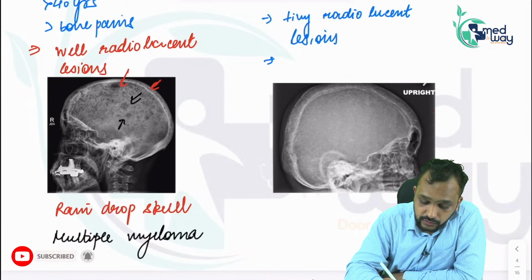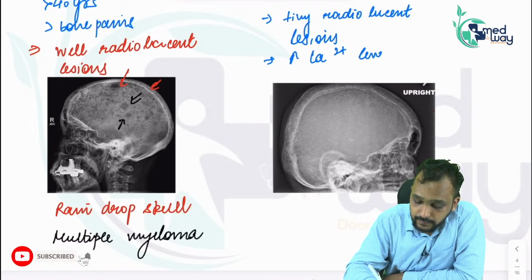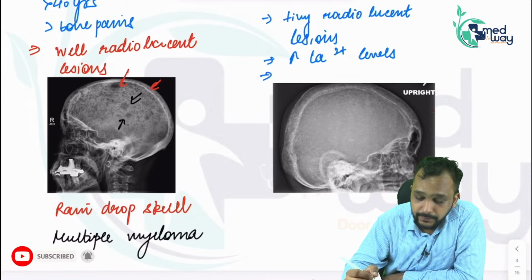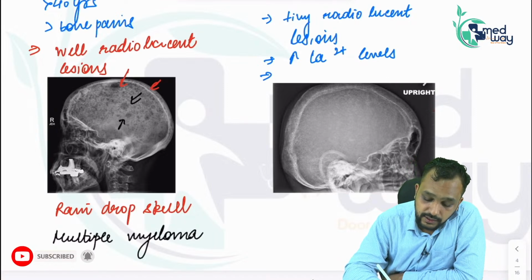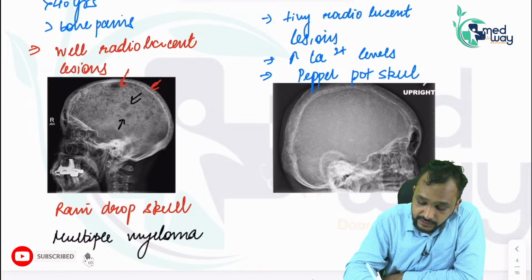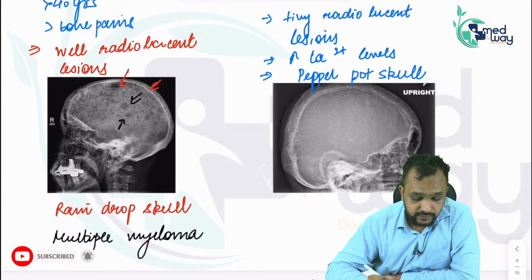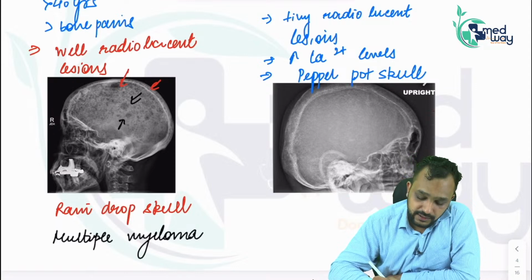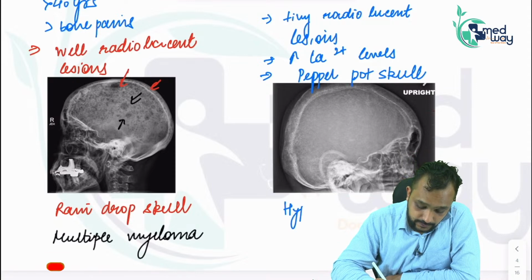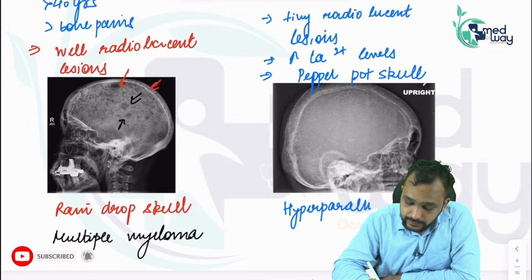The patient also has increased calcium levels in the blood, and the typical appearance of the skull is pepper pot skull. This question is also very frequently asked in your exam in different ways. So these imaging features are seen in patients with hyperparathyroidism, right?